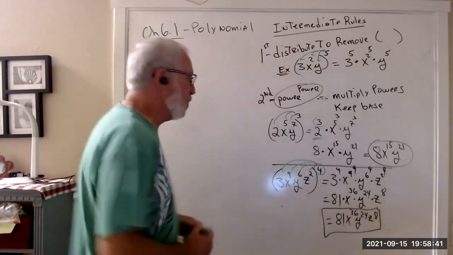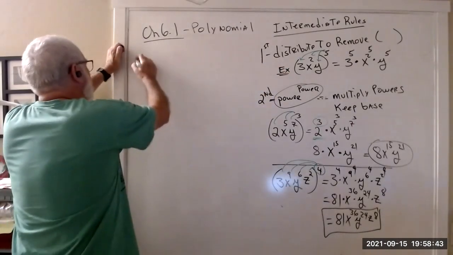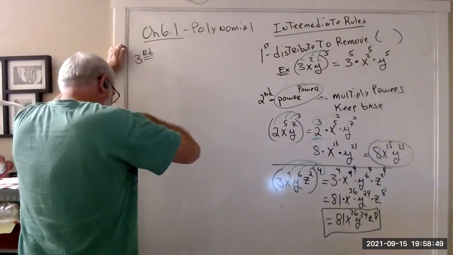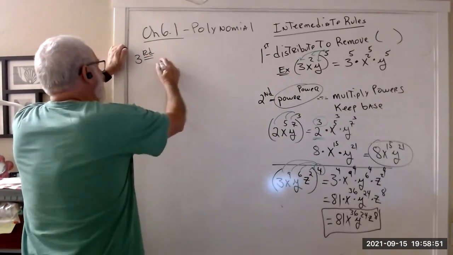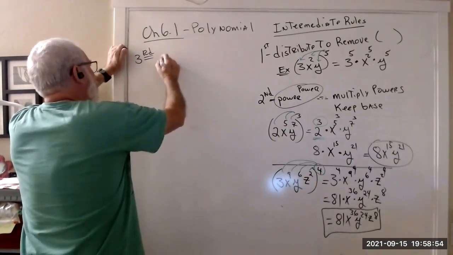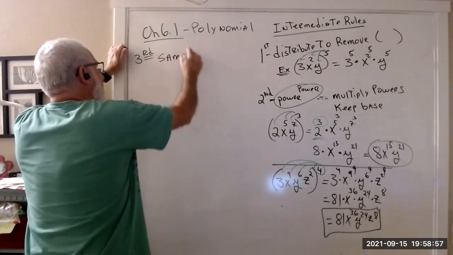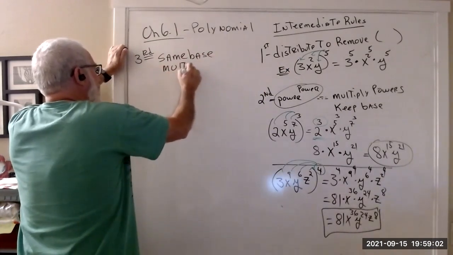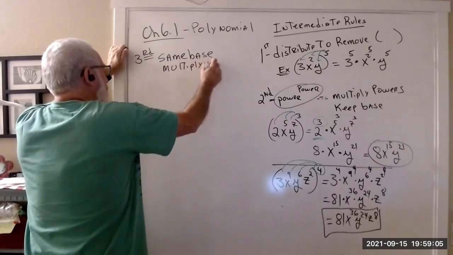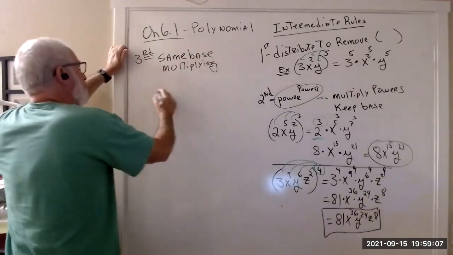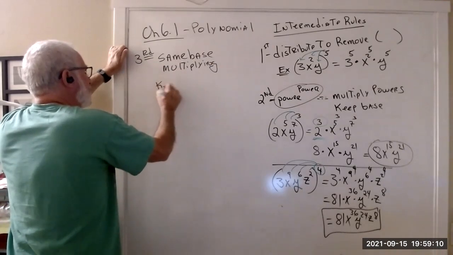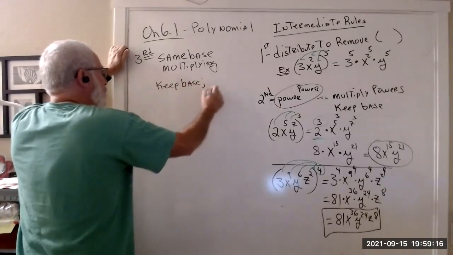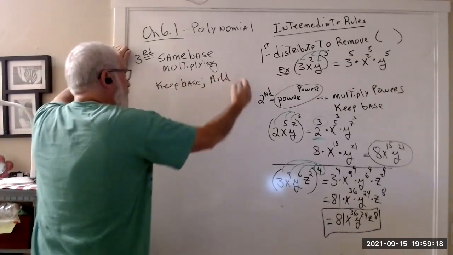Then we come down here to the third step, which is if they are the same base multiplying, you keep the base and you add the powers.